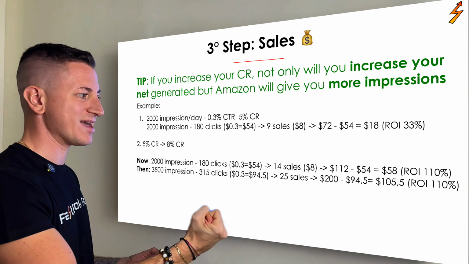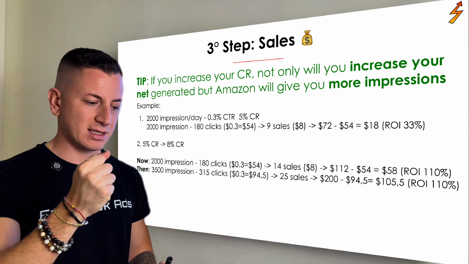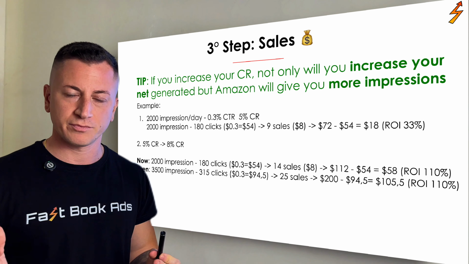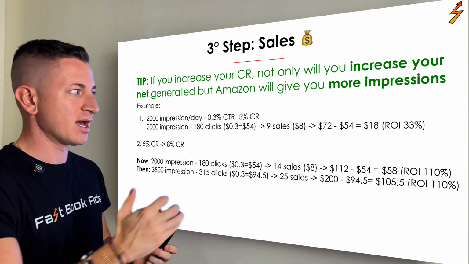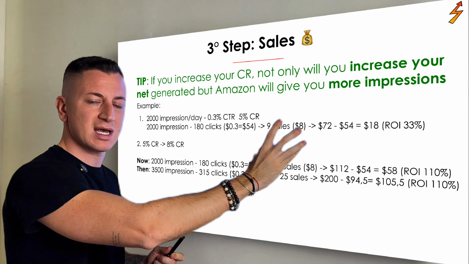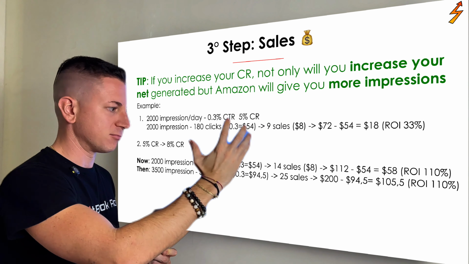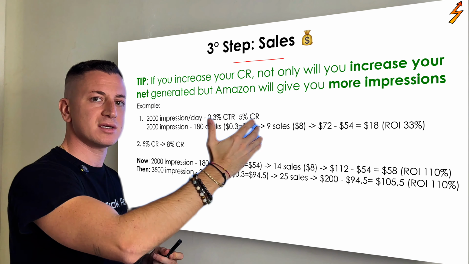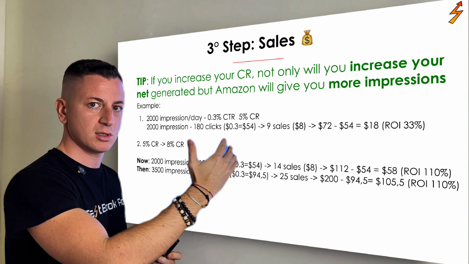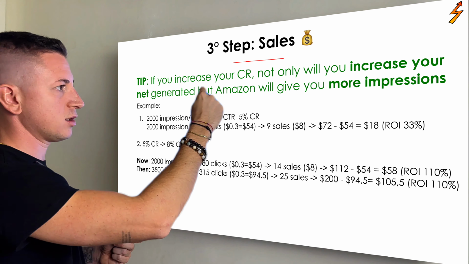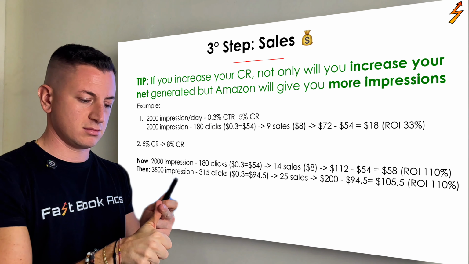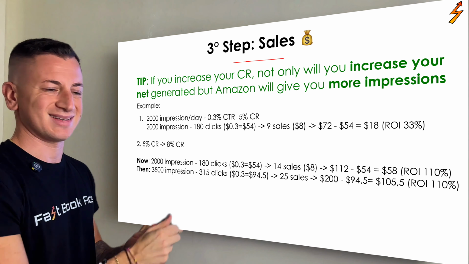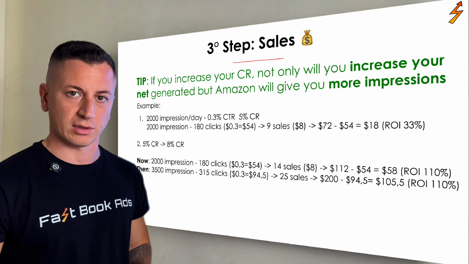Because we want to pay Amazon ads clicks and set our bids as low as possible. And if we sell a lot of copies, Amazon will give us many more impressions, okay? It will be easier to generate impressions because Amazon earns from sales, and then from clicks, but earns a lot more from sales than from clicks.